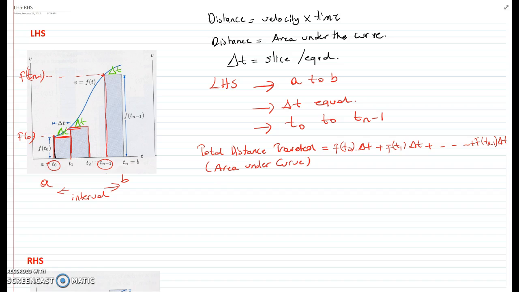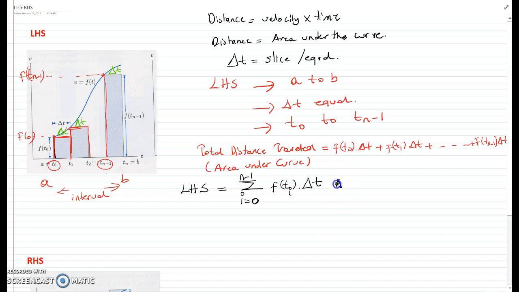Then we can write down the big term in the summation formula: the sum over i, going from i equals 0 to n minus 1, of f of t i times delta t, and that is going to give us the left-hand sum.